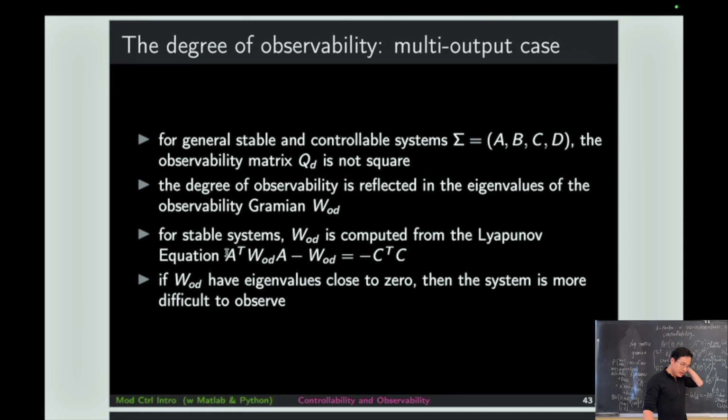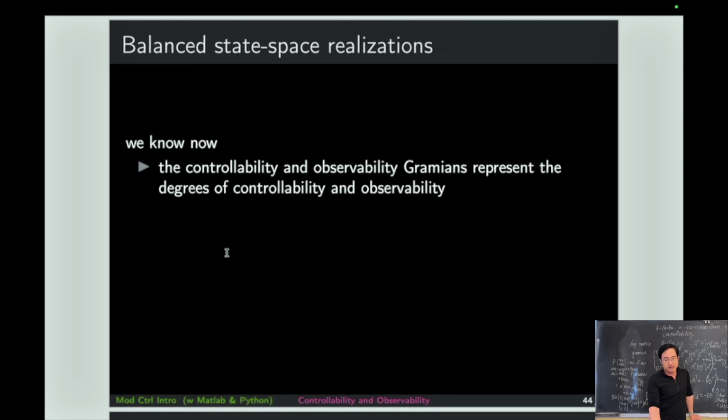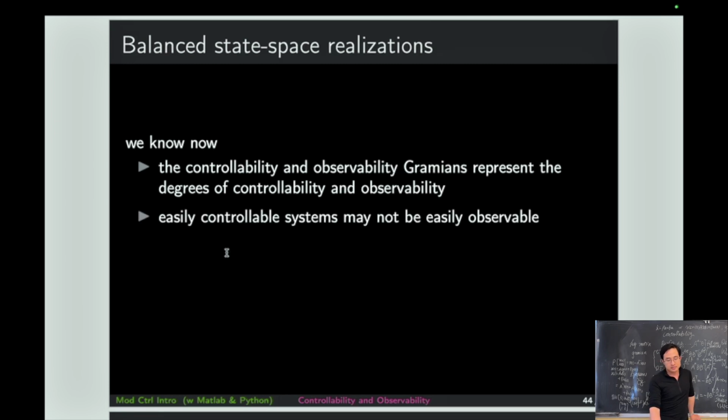Now, you have seen the levels or degrees of controllability and observability, and we have sort of decoupled them. We looked at controllability separately, and we looked at observability separately. The Gramians are both important, and now if you think about them in a combined sense, there are systems that can be controllable and observable, but may be strongly controllable.